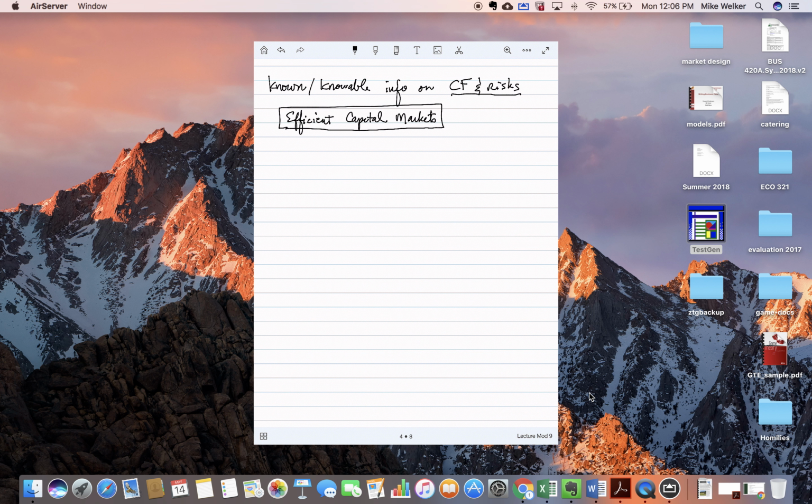It's called the EMH, the efficient markets hypothesis, the subject of a great amount of scholarly study. So by definition, if capital markets are perfect, PCM, perfect capital markets, then they have to be efficient.